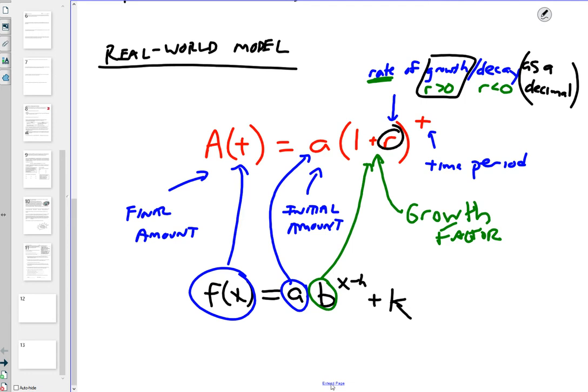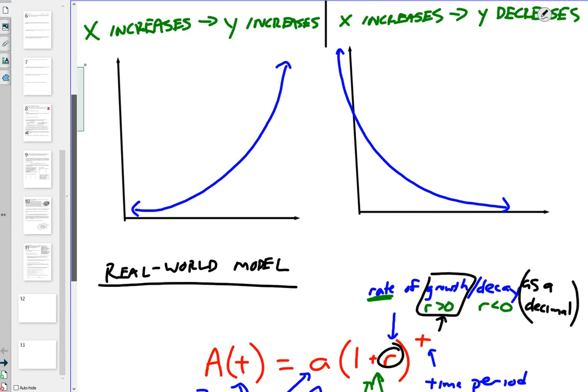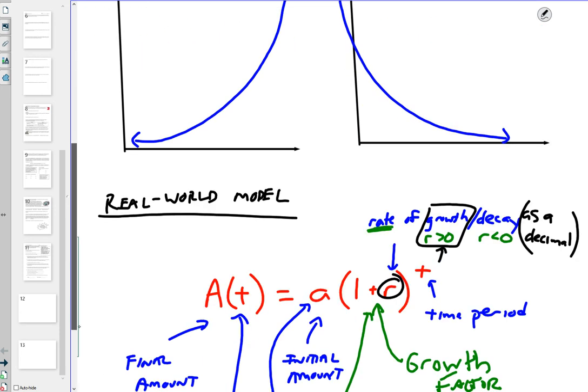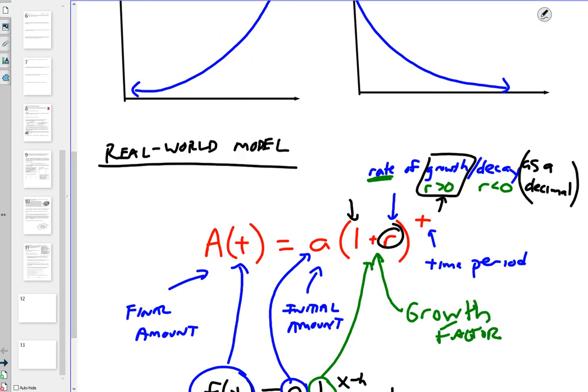So what happens is, if we're going to have a growth, well, you'd have to have a positive. The rate would have to be greater than 0 because we learned back when we learned growth and decays, what's true about the base of a growth. It's larger than 1. So if every growth factor starts with 1 as the base, but then you want to have a growth, you have to be bigger, so you have to add a positive.